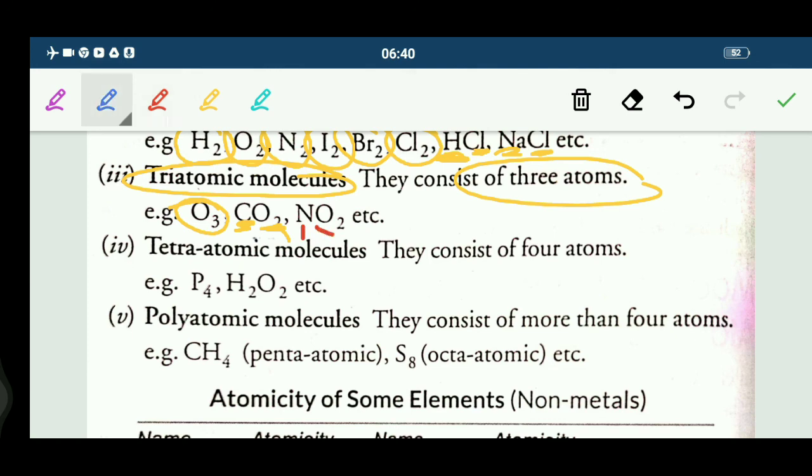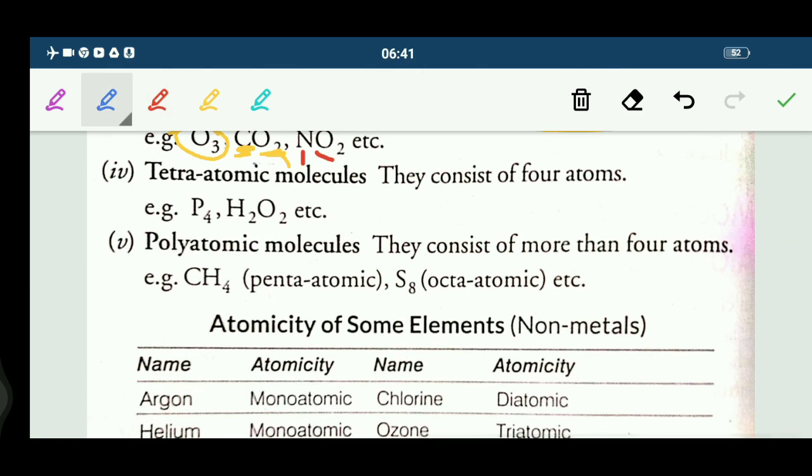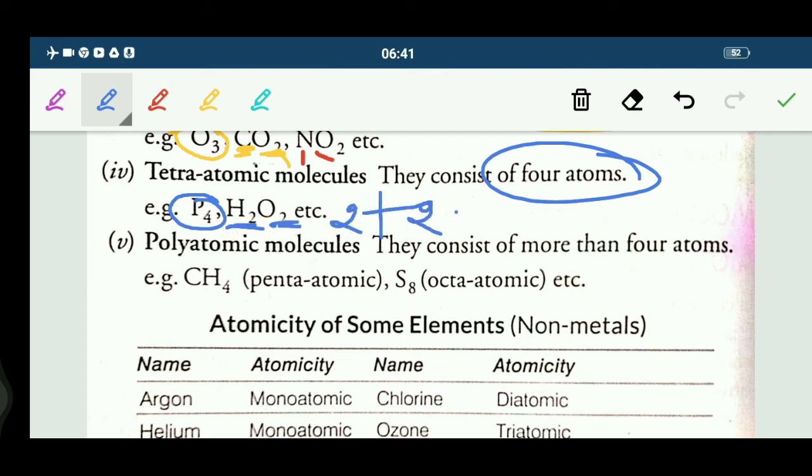Next we have the tetraatomic molecule. Tetra means they consist of 4 atoms, like P4, H2 and O2. So 2 plus 2 becomes 4. Similarly, students, we have polyatomic molecules.